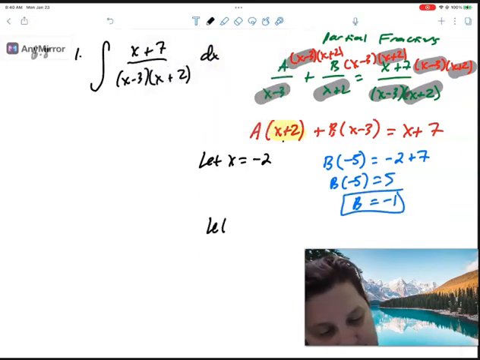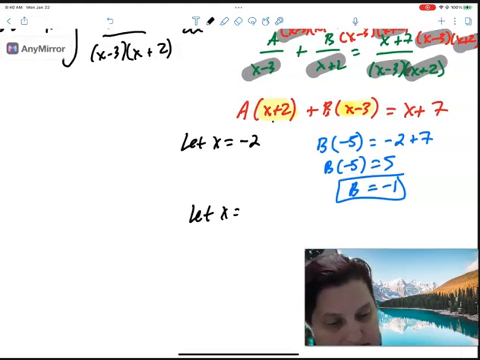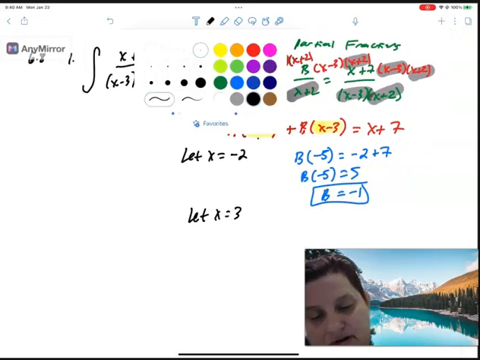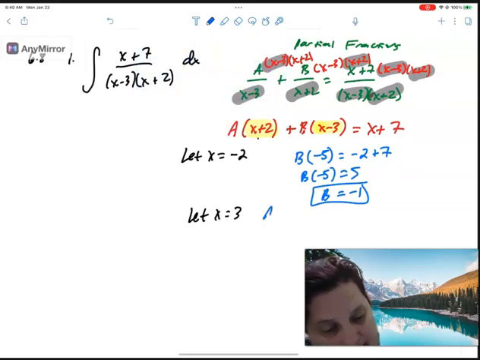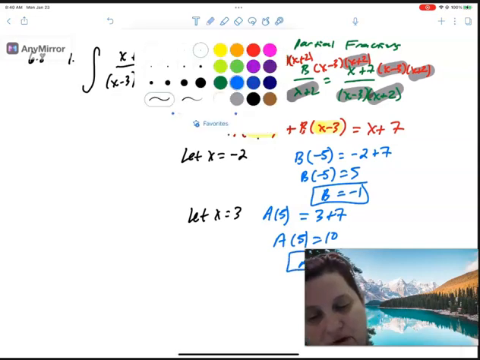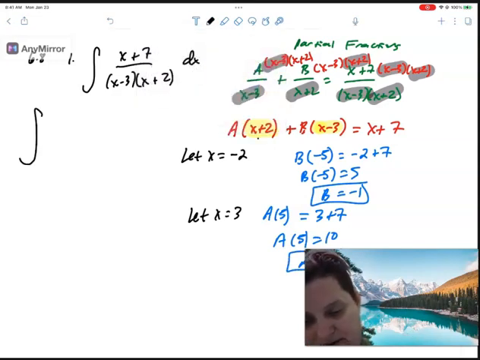Then I'm going to let x equal whatever will make this one 0. And x minus 3 would be 0 if x was 3. And I'm going to do this equation again. I'm going to go A times 5, B times 0, so that would go away. A times 5 equals 3 plus 7. So A times 5 equals 10. So A is 2. So I can rewrite this now as 2 separate fractions.